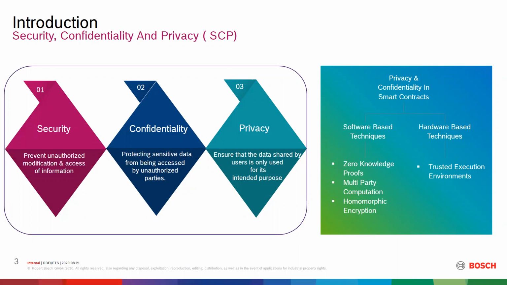And the last one is privacy. Privacy means ensuring that the data shared by the users is only used for its intended purpose. The main difference between confidentiality and privacy is that confidentiality deals with sensitive data of any kind, whereas privacy deals with data that belongs to a particular person, which is like personalized data.